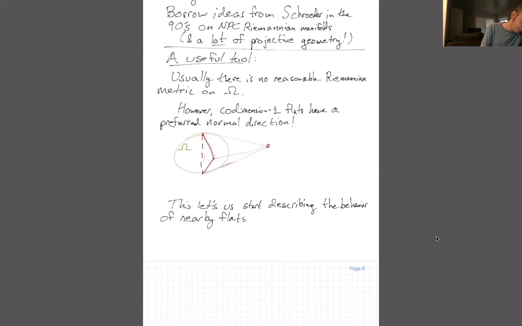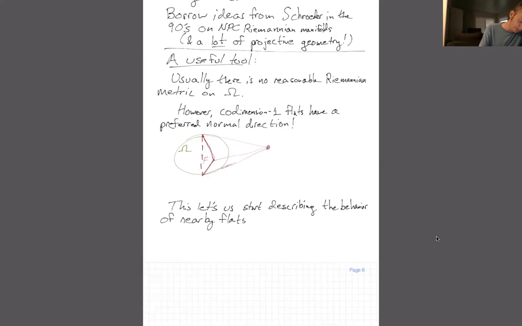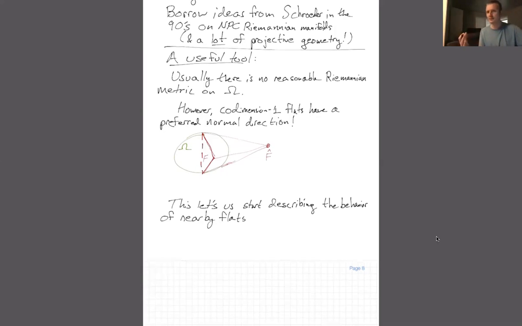So if this flat is called F, then we call this flat out here F hat. And if you're familiar with the projective model for the hyperbolic space, this is exactly the same construction that you do to get the dual point to a hyperplane.